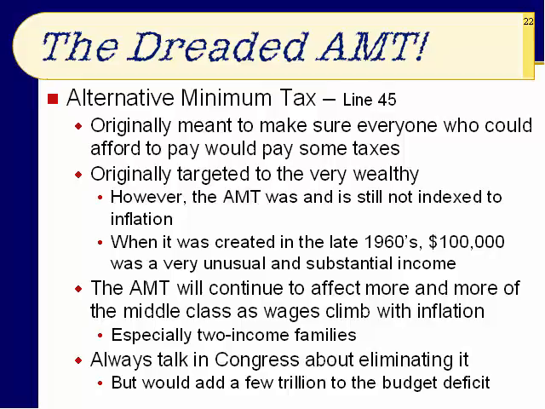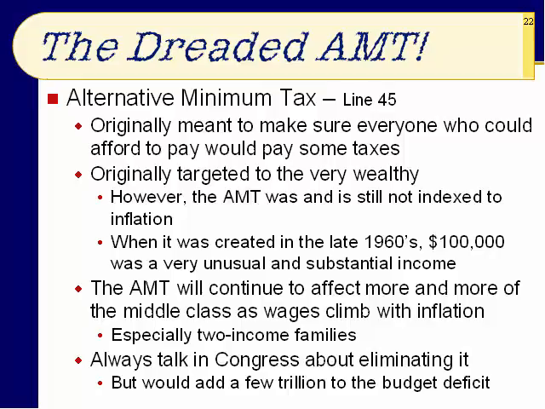The problem was it was never adjusted for inflation. And in the late 1960s, $100,000 was a very unusual and substantial income. Now it's not. I'm not sneezing at $100,000 a year, but it's not unusual, and if you have a house in Southern California and kids, it's not that substantial.